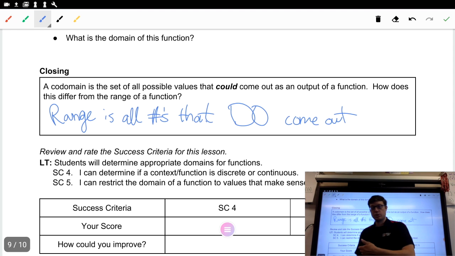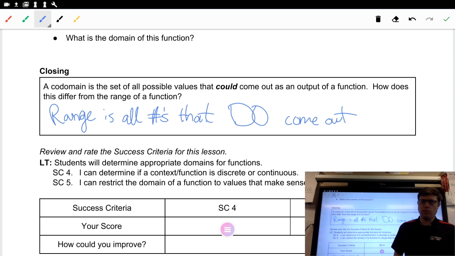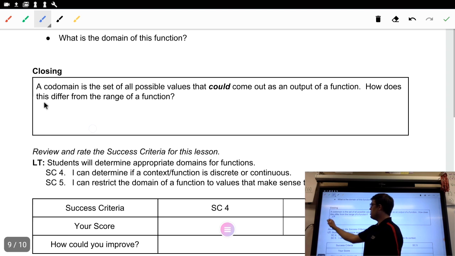So let's talk about that in terms of the cereal bars. You could eat 1 million cereal bars. You won't, but you could. So therefore, 1 million is part of the codomain, because you won't eat 1 million cereal bars, but you could. So we talk about what will and what won't happen. And honestly, you're freshmen, sophomores in high school, you're still young.